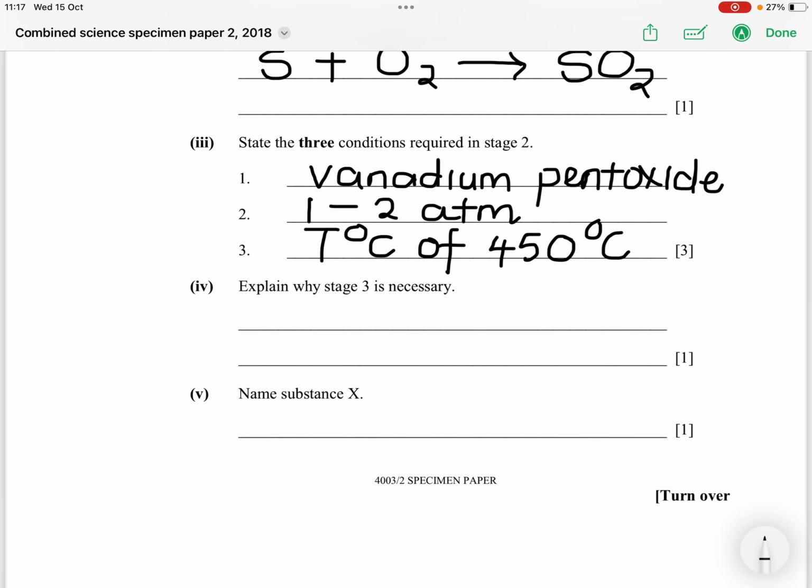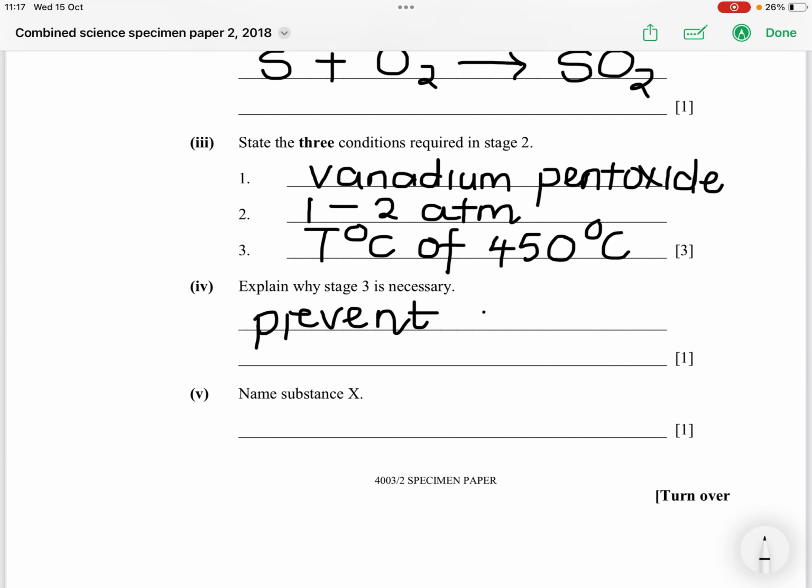And then explain why stage 3 is necessary. On stage 3, it is the production of oleum. Why is it very important for that production of oleum? This is to prevent the fuming of sulfuric acid and corrosion of pipelines that cover the tower.